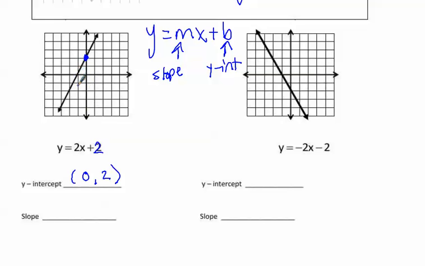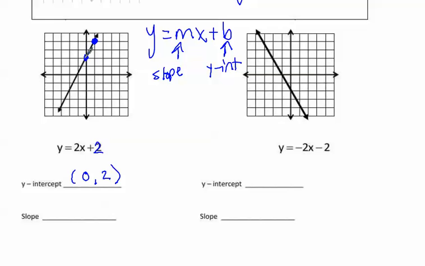Your slope is the steepness of the line. So you want to look for another exact point on the line. For example, this is an exact intercept between the coordinate lines.